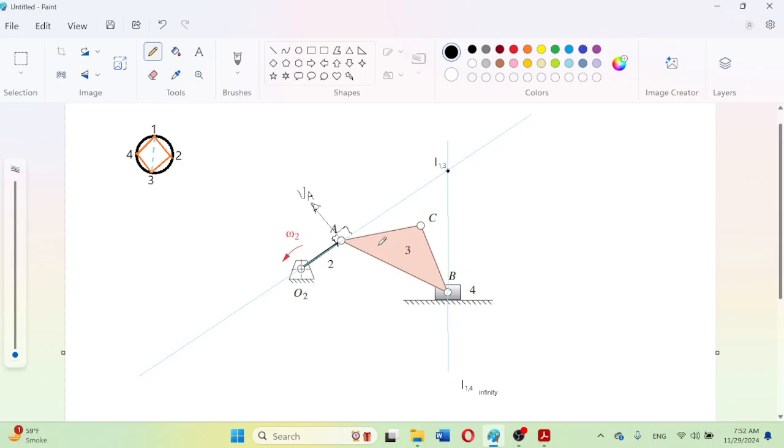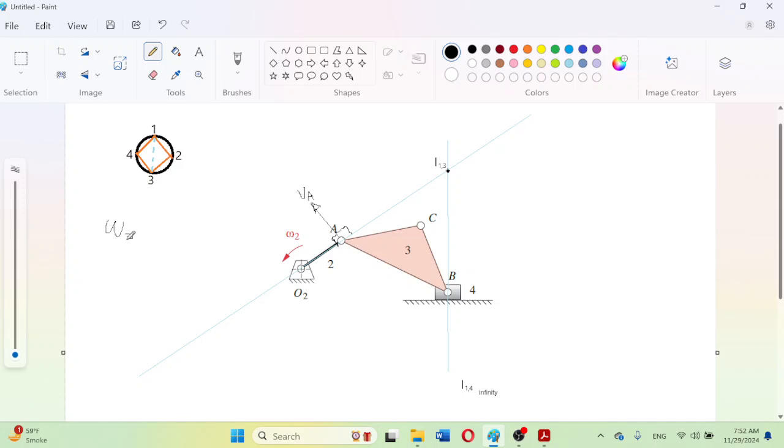So the angular velocity for this link in complex motion will be determined by dividing the magnitude of this VA by the distance from A up to instance center I1,3.